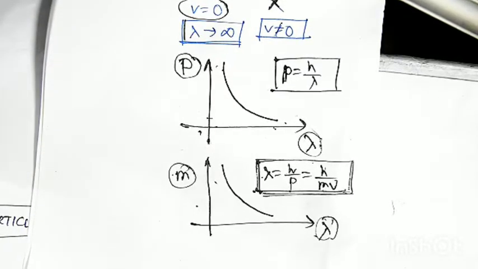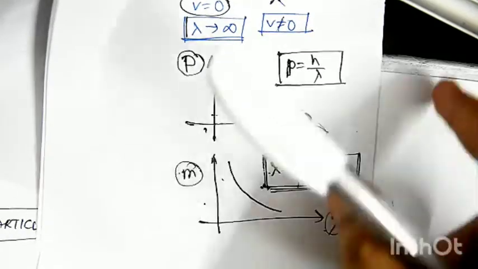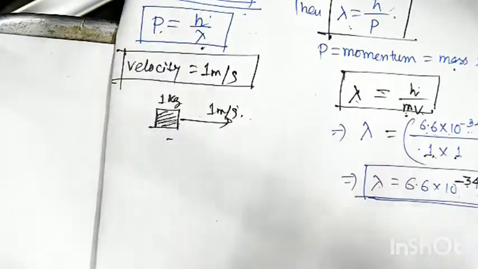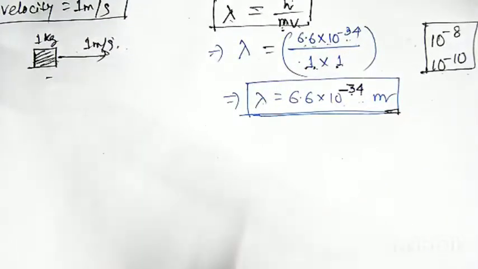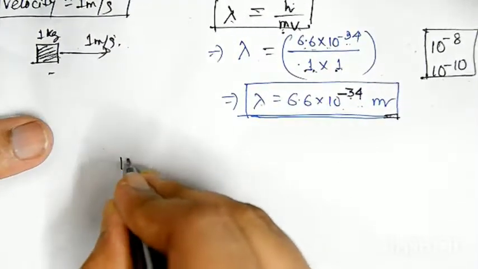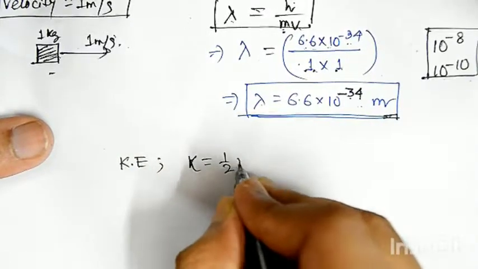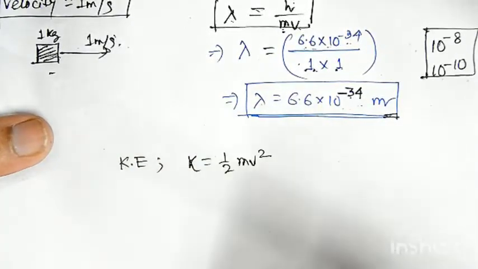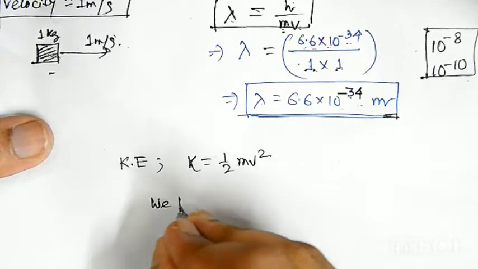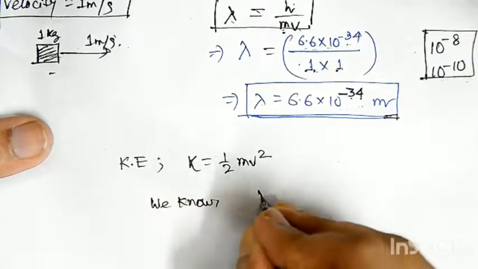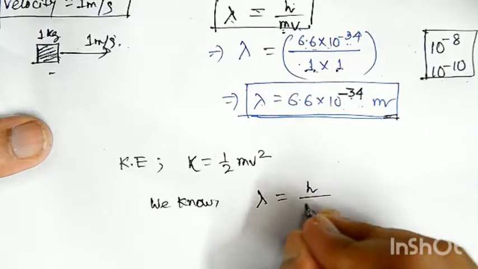Now let's see what more we can get. If we are planning to calculate the kinetic energy from them directly, we know that kinetic energy, represented by k, is half mv square. Now we know wavelength lambda equals h by mv.